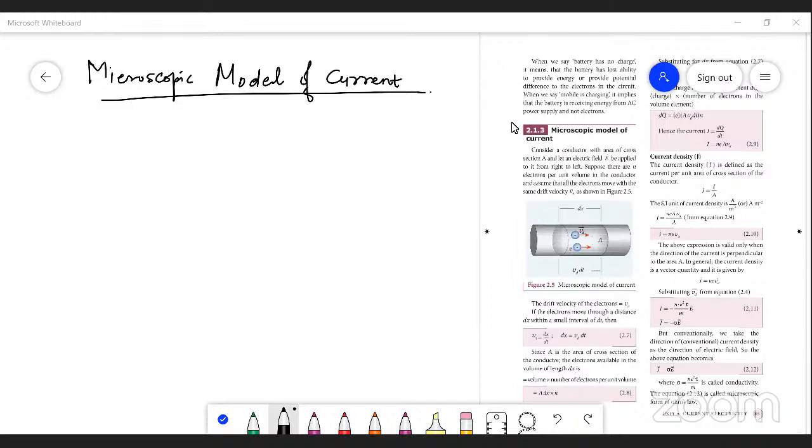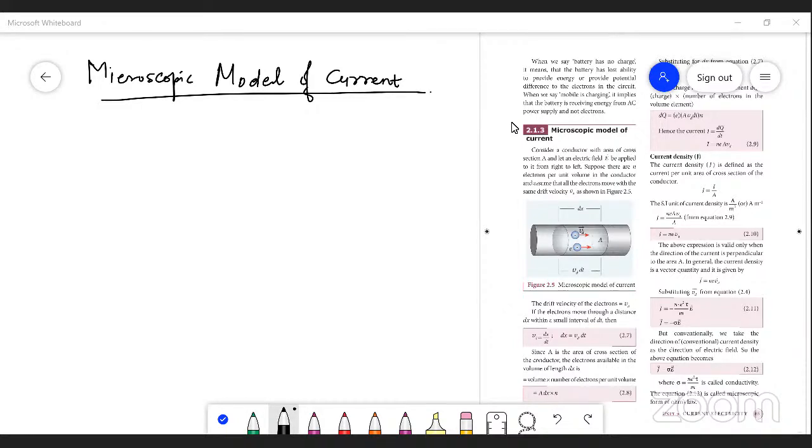Third, we are going to calculate the total charge existing in the given volume of the conductor. And the fourth is that we are going to substitute the total charge in the relation for electric current, I equals dq by dt, from where we bring out the relationship between current and drift velocity.